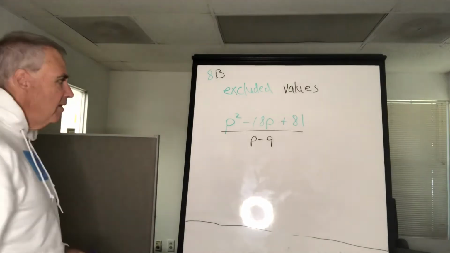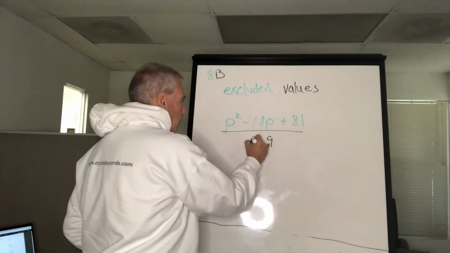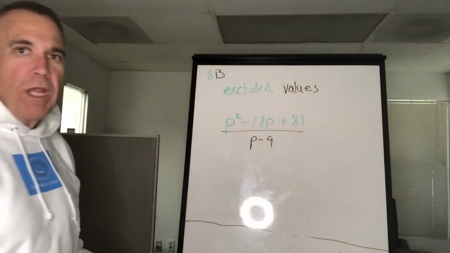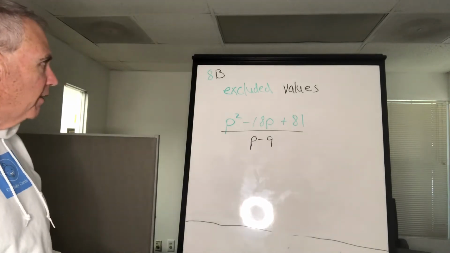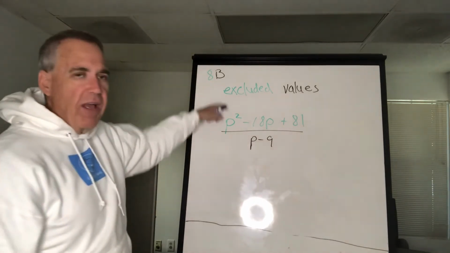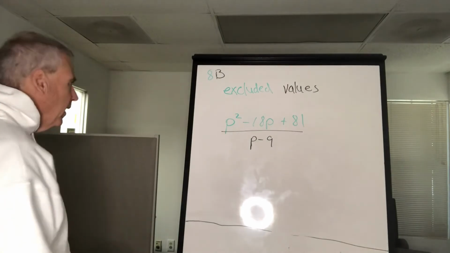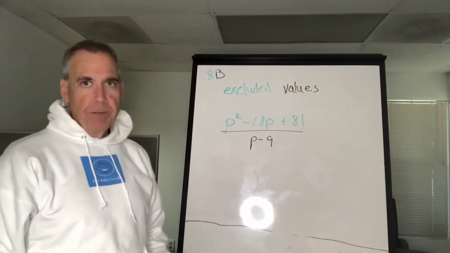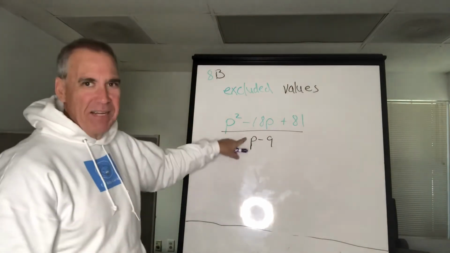Again, this is a p here. So we don't care about the numerator here. If we're trying to find the excluded value, the only thing we care about is the denominator, the downstairs.